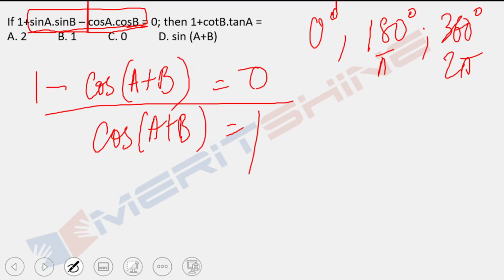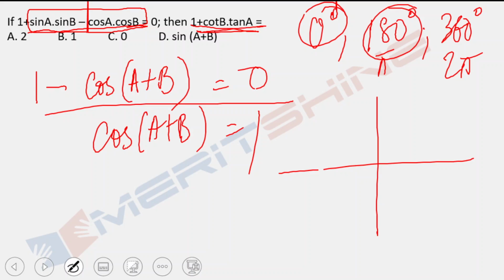Okay, now what I have to find out is 1 plus cot B tan A. Now, listen to me very carefully. Only for 0 degree and 180 degree you need to find out, because for 360 degree and higher multiples of pi, it would repeat.